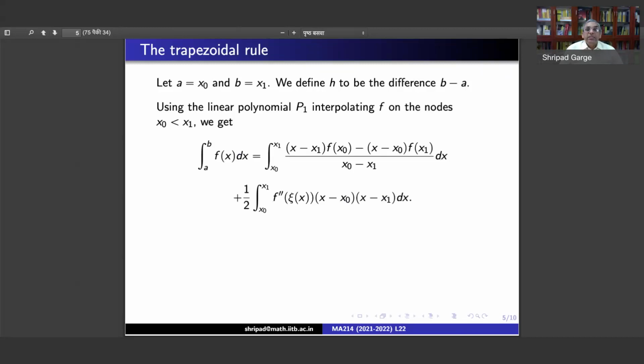And we will get the integral a to b f(x) dx, which is integral x0 to x1 of the interpolating polynomial, which you can verify from our earlier formula, plus 1 by 2 integration of this truncation error. Of course, the 1 by 2 that is outside is also part of the truncation error.